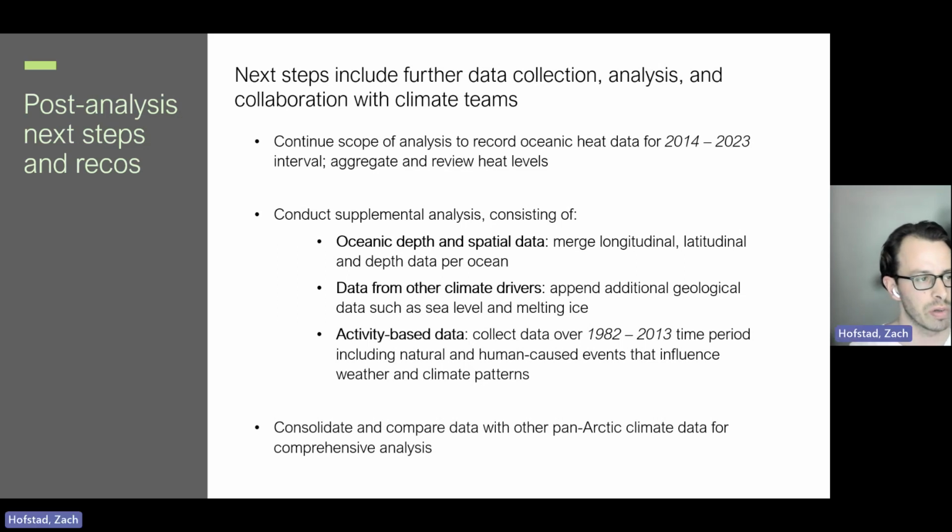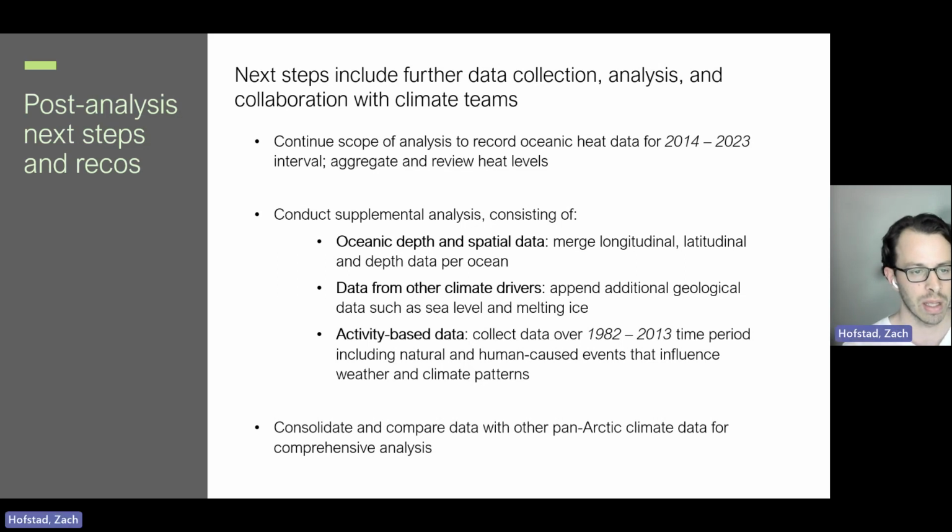So next steps we would love to do is to not only continue the scope of this analysis for another 10 years, adding a 2014 to 2023 interval to continue to see if the heat levels continue to rise for all three oceans, but to conduct supplemental analysis by appending these insights of rising ocean heat with additional data such as ocean depth and spatial data, so merging longitudinal, latitudinal, and depth data with the oceanic heat data.